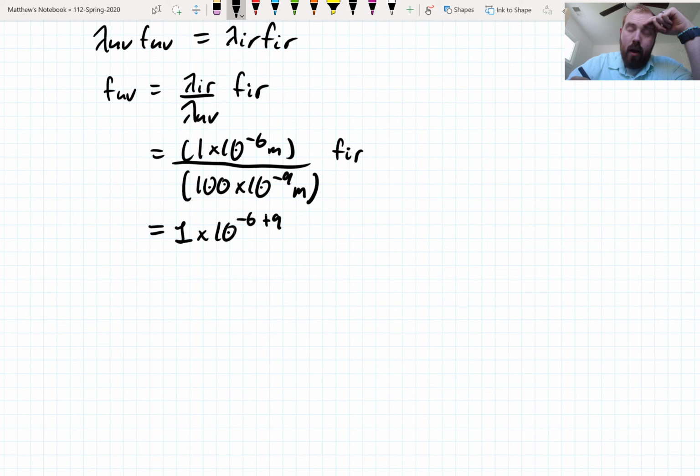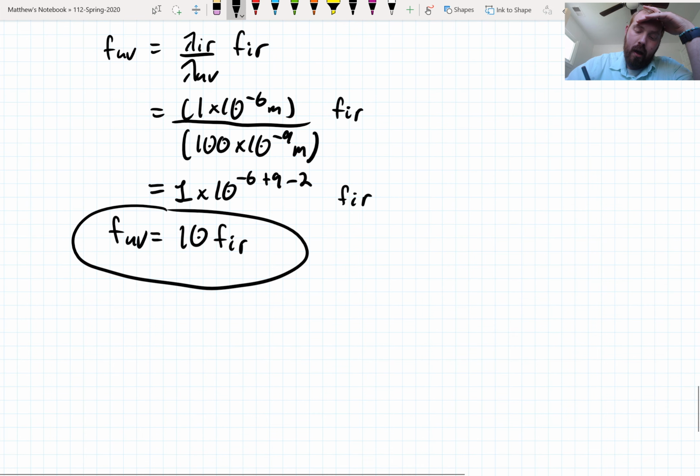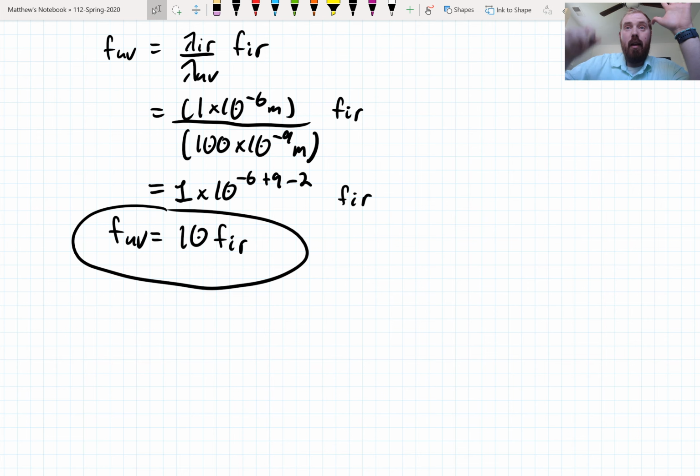And there's 100 in the denominator, which gets us to a minus 2. So altogether, minus 6 minus 2 is minus 8, plus 9. This is 10 to the first power. 10 times f IR equals f UV. The ultraviolet wave has a frequency that is 10 times greater than the infrared.